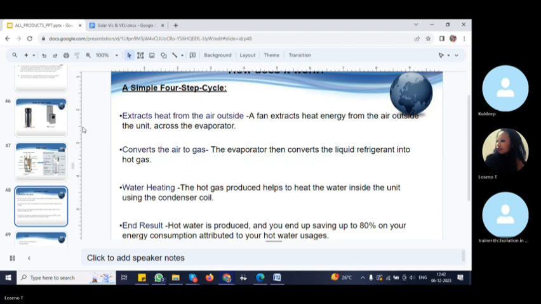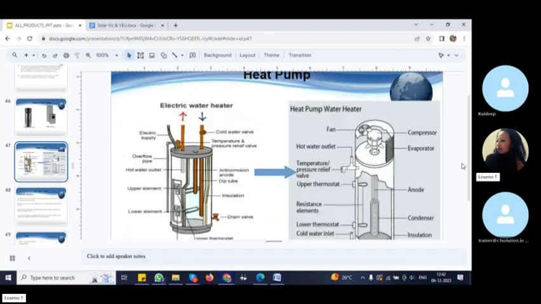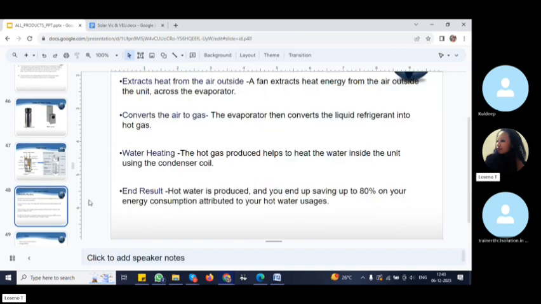And once the exhaust fan extracts the air inside the compressor, the evaporator starts working. The evaporator then converts the liquid refrigerant into gas. With the help of the evaporator, the air turns into a refrigerant, and then it in turn goes down here to the condenser, which will help them to heat the water.